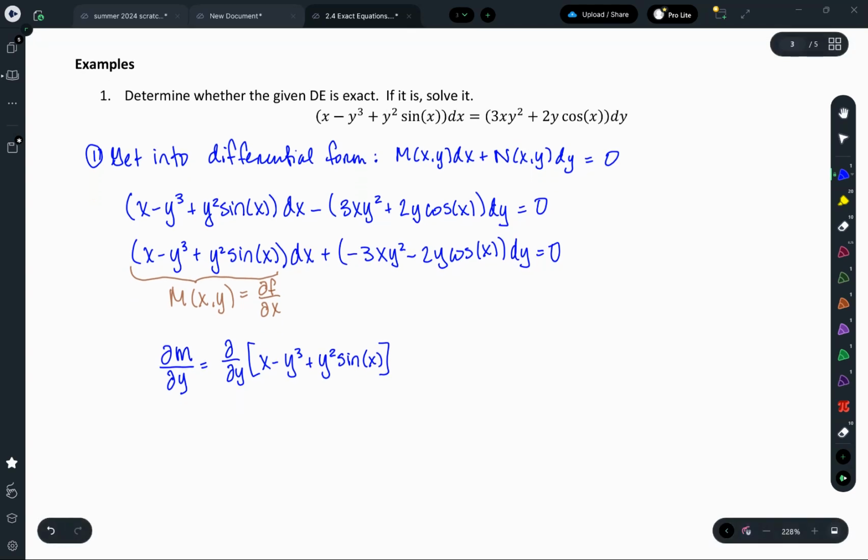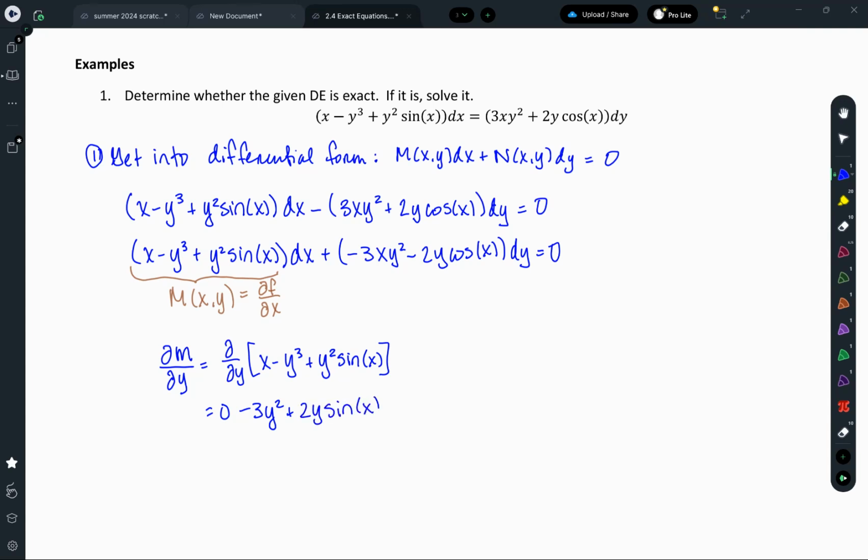When I run a del y through there, the derivative of x with respect to y is 0. The derivative of minus y cubed is minus 3y squared. The derivative of y squared sine of x, the sine of x is just a constant, so this will be plus 2y sine of x.